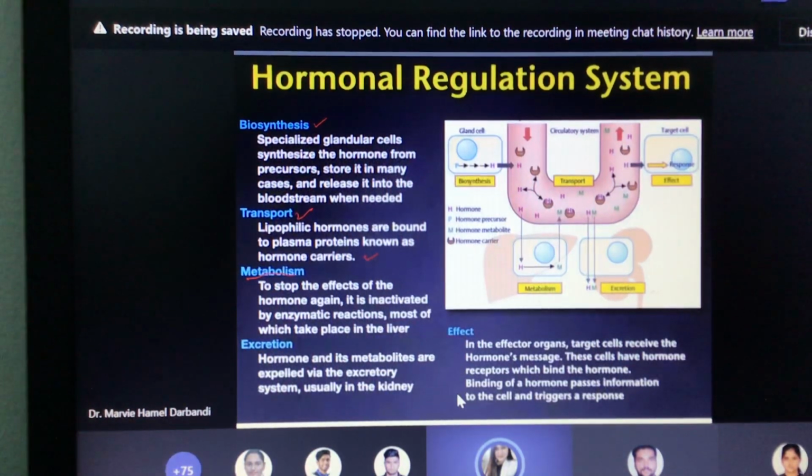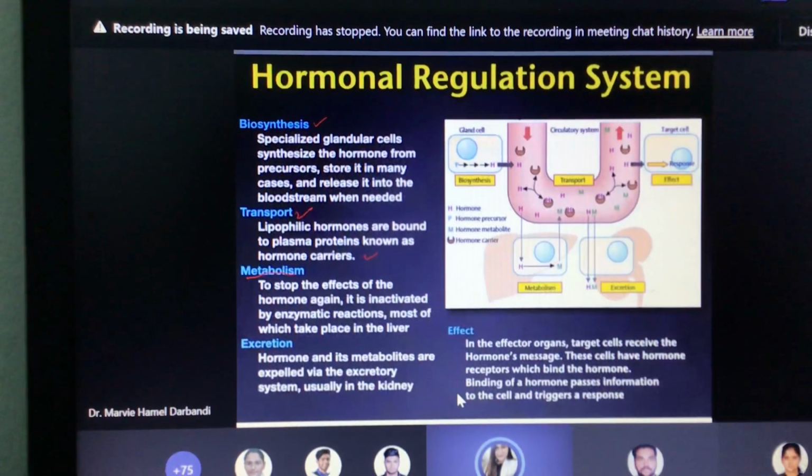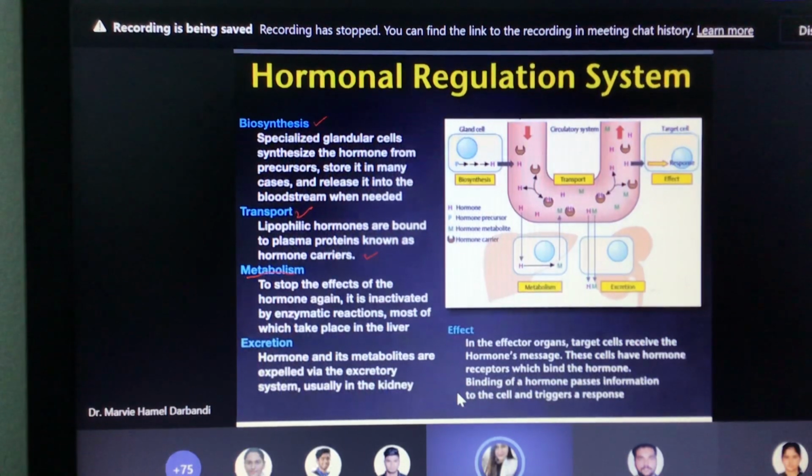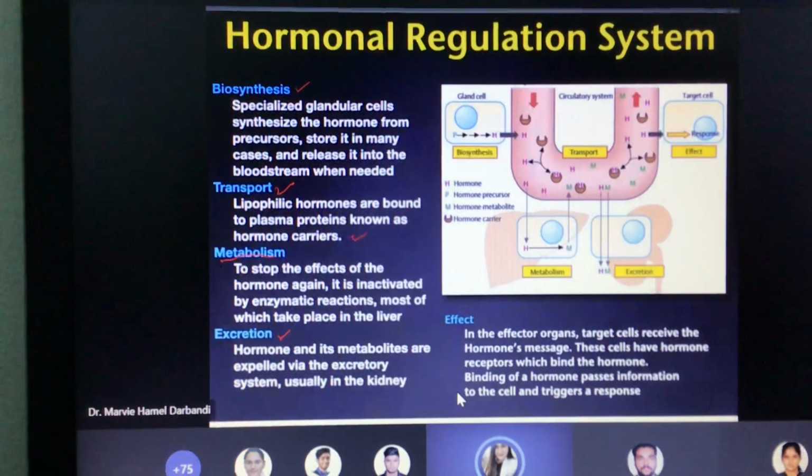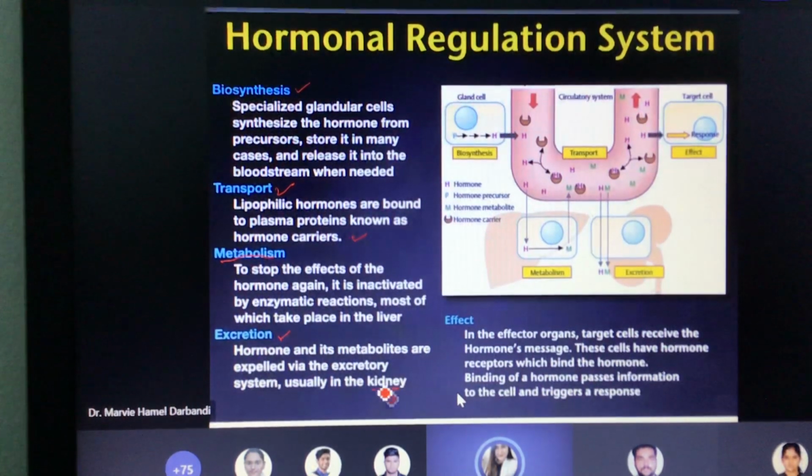Metabolism is to stop the effect of the hormone. Again, it is inactivated by enzymatic reactions, most of which take place in the liver. So this is after the hormone effects. Then after which there is excretion, where the hormone and its metabolites are expelled via the excretory system of your kidney.